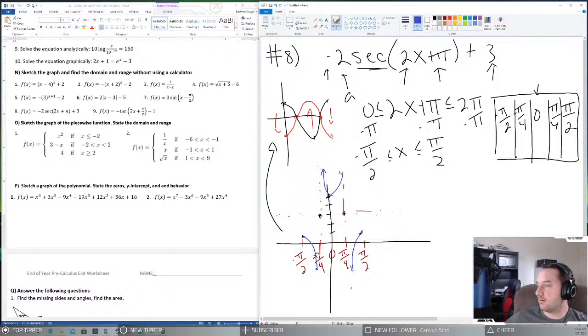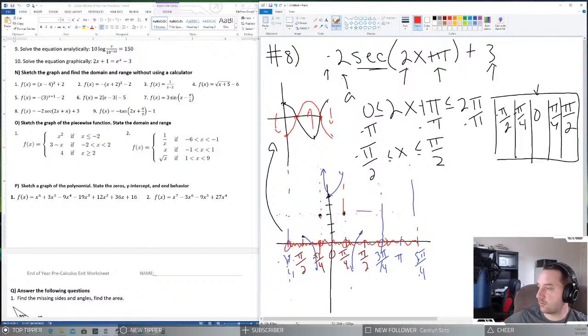Now the domain, if we look at the pattern here, and if I were to keep going, it looks like every pi fourths, so 3 pi fourths, asymptote, and then pi, and then 5 pi fourths, asymptote, negative 3 pi fourths, asymptote. What we can do is we would just say, okay, it's this red part that doesn't have the asymptotes. Those are our solutions.